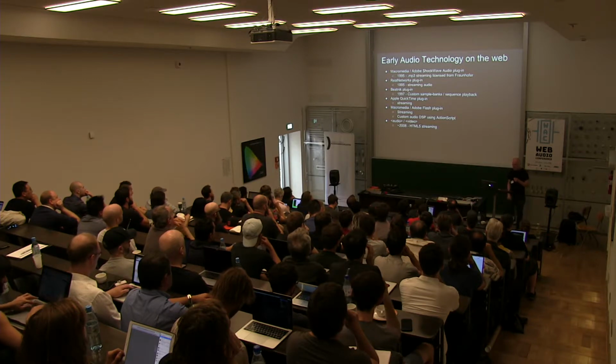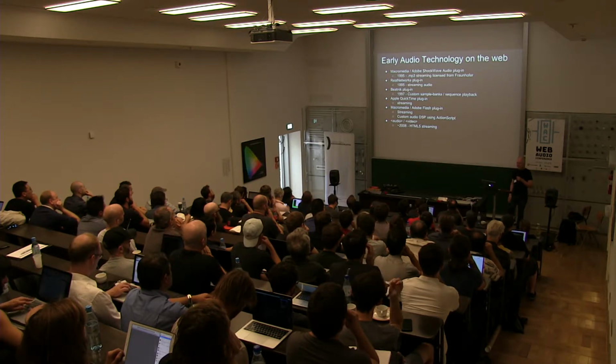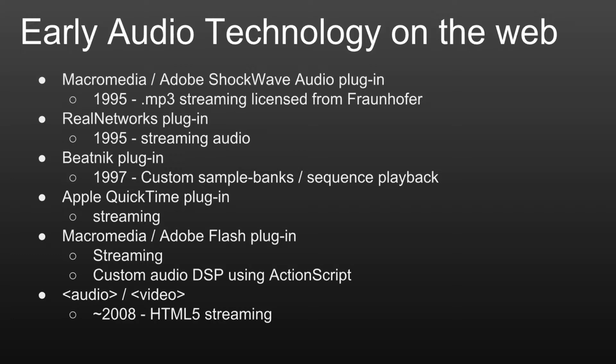So before the Web Audio API existed, there were some ways to get audio to play in a web browser. Some of those early ways were mainly oriented around streaming audio, and they required plugins like the Macromedia Shockwave Audio plugin and Real Networks, and there was a Beatnik plugin for doing very simple sample bank sequence playback.